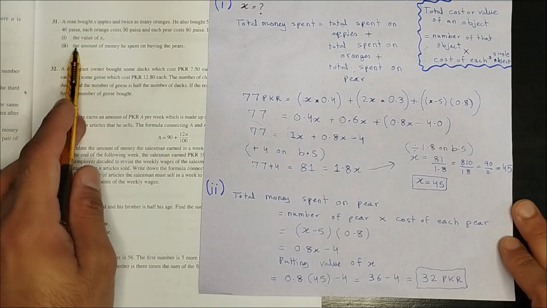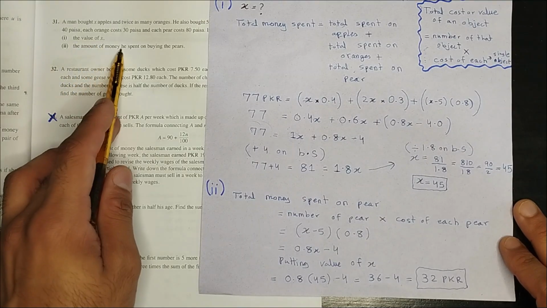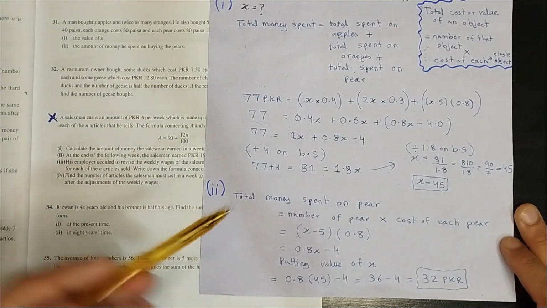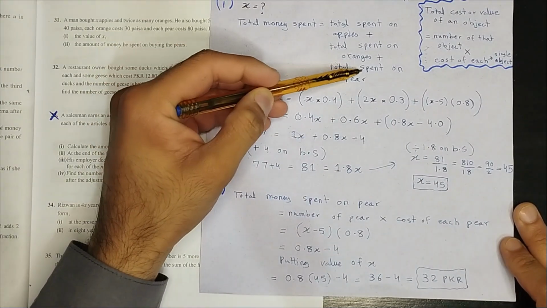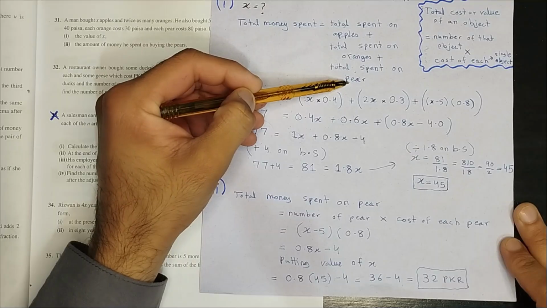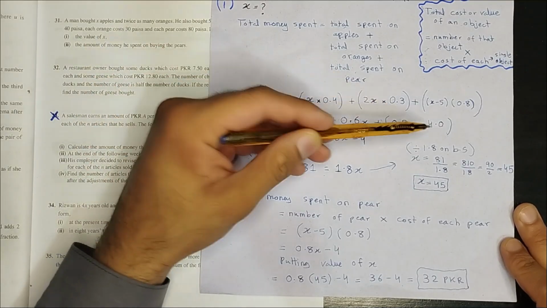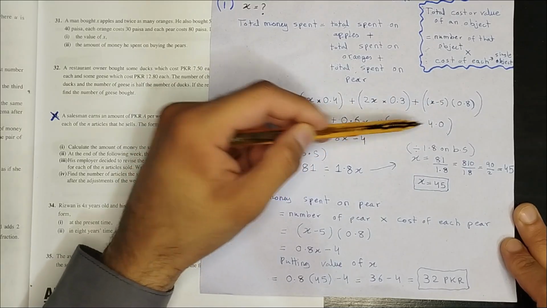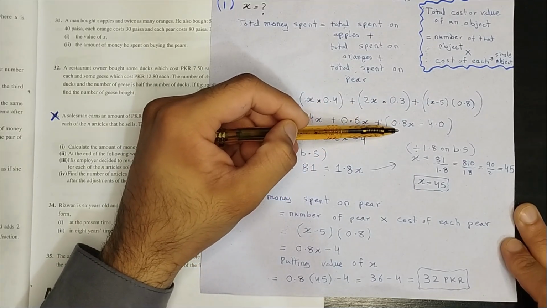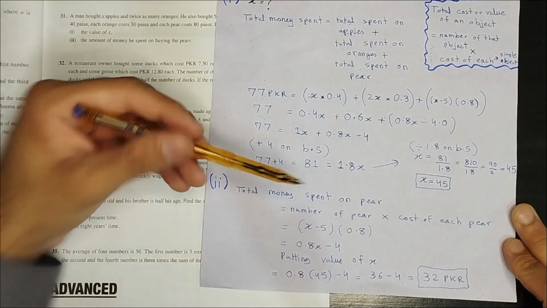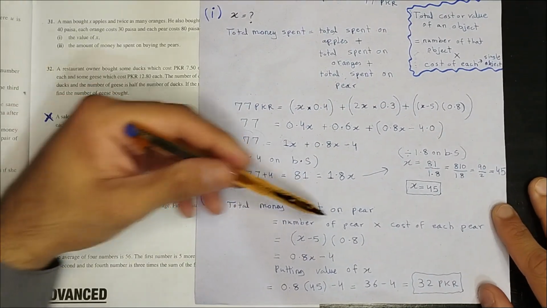Then the question asks us to find the amount of money he spent on buying the pears. What did we say about this? We already found it, but the answer that we got was in terms of x. What did I say about the total money spent on the pears?